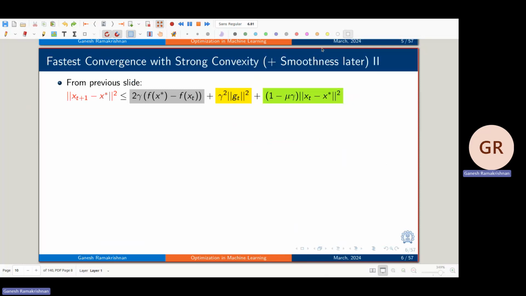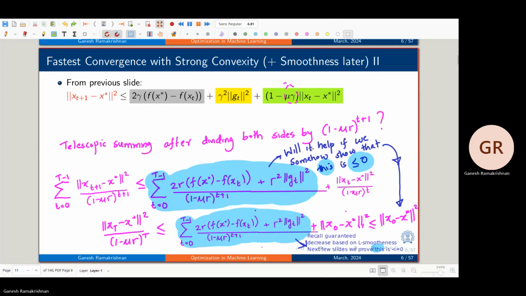Okay, let's try writing this down. So telescopic summing I'm doing after dividing both sides by (1 minus mu gamma) raised to t plus 1, because I anticipate that 1 minus mu gamma will keep getting multiplied.